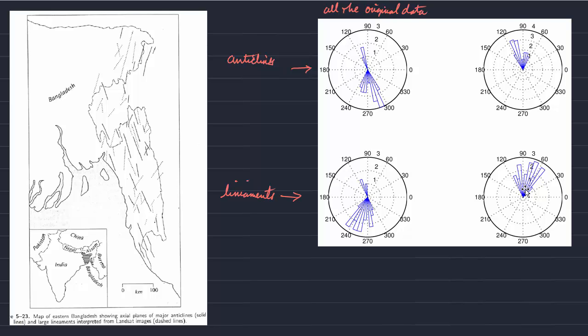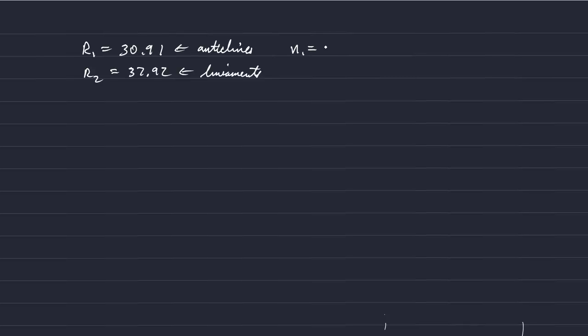Using these data, I calculated R1 and R2, and I got the following values. R1 is equal to 30.91 for the anticlines. R2 was equal to 37.92 for the lineaments. And for comparison, N1 was equal to 32.